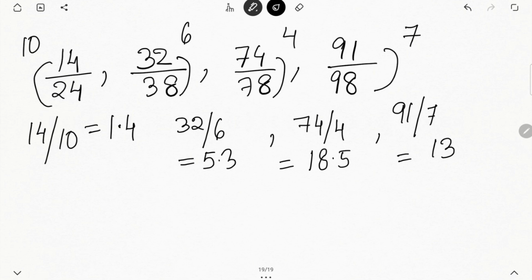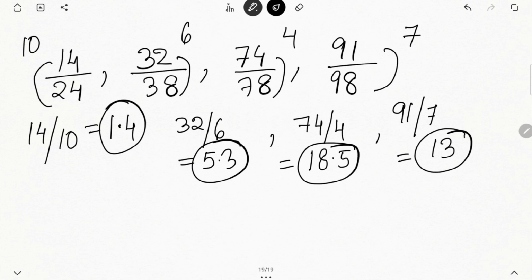All of us know that when the differences are not the same, we have to give importance to the quotient, because the quotient will help me arrange the fractions in ascending or descending order. The fraction corresponding to the minimum quotient is the lowest fraction, and the fraction corresponding to the highest quotient will be the largest fraction.